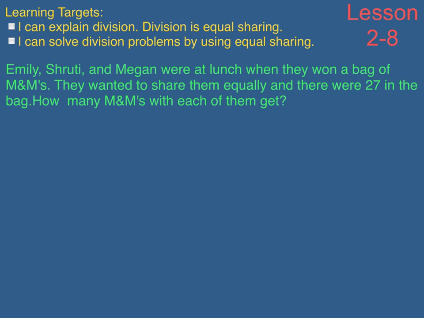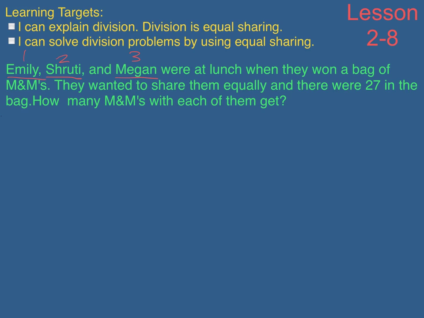So the first thing that I want us to look at is how many groups do we have? And I see that we have Emily, Shruti, and Megan. So that, to me, there would be 1, 2, 3 different groups. So I'm going to start off by creating 3 different rows.